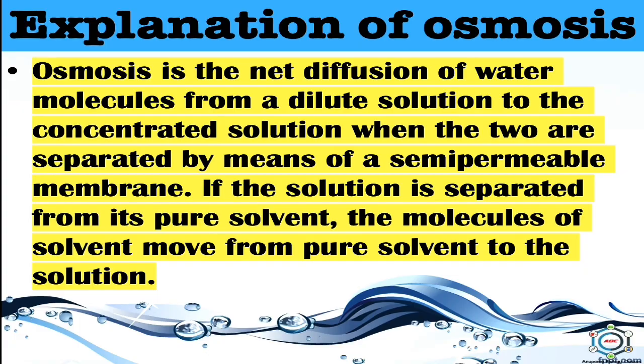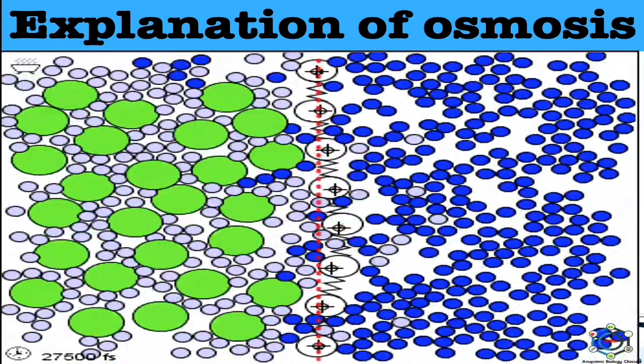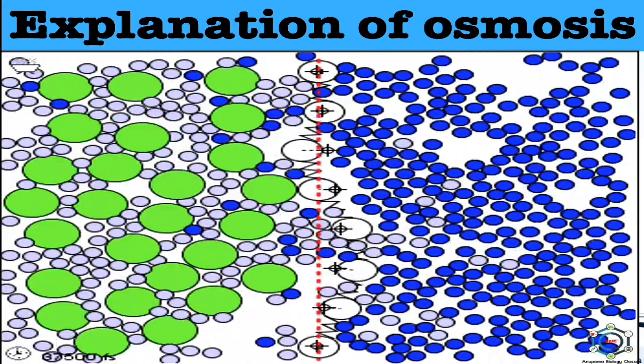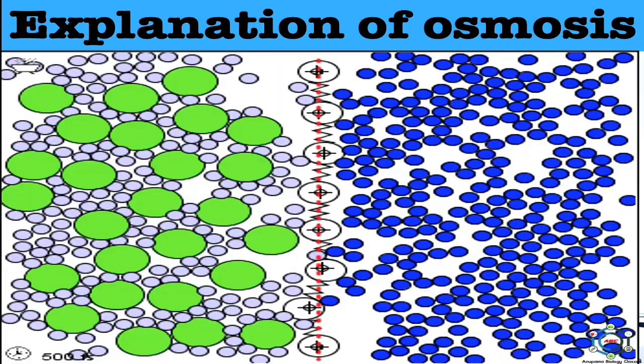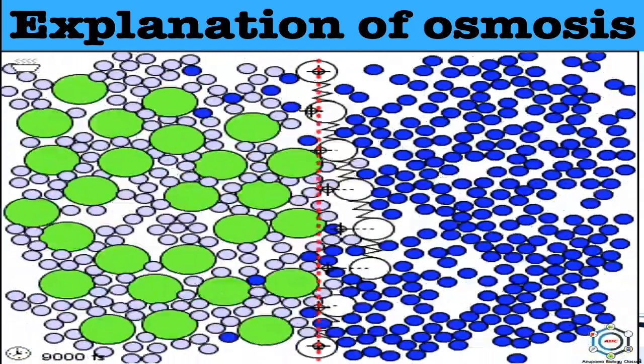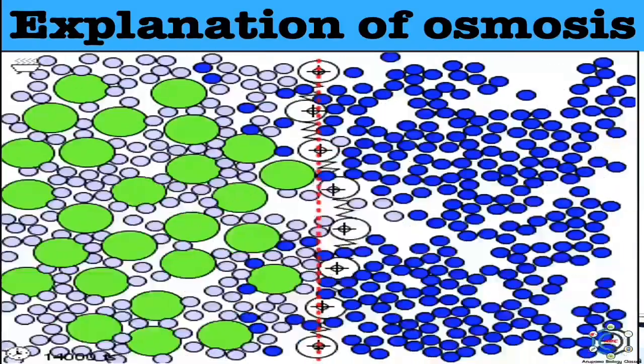This movement of water is called osmosis. Osmosis involves diffusion of solvent across a semi-permeable membrane.